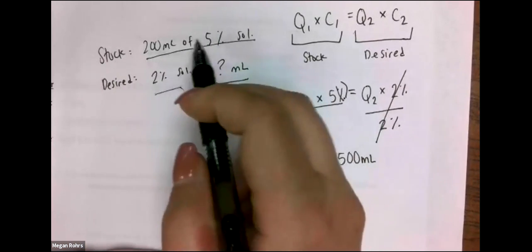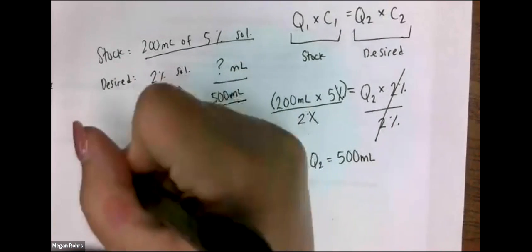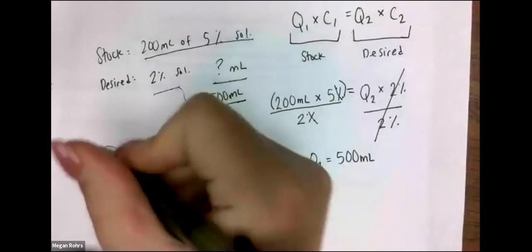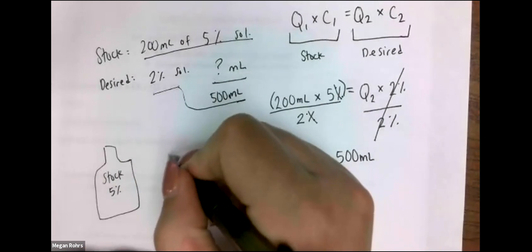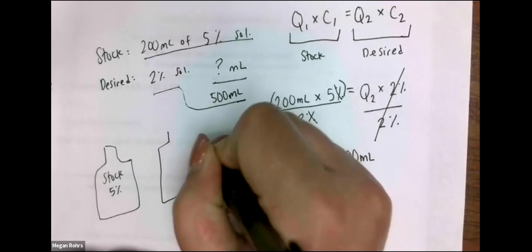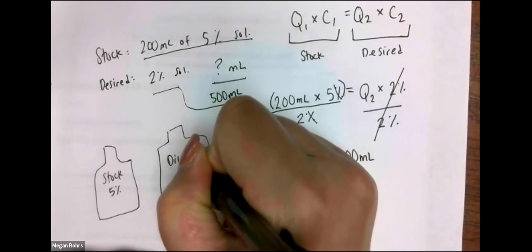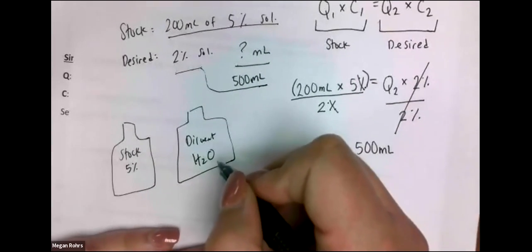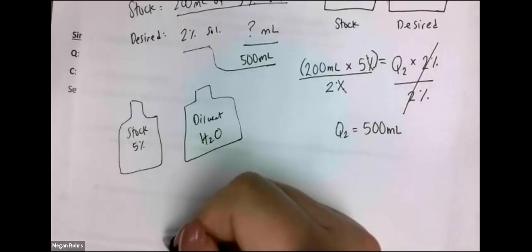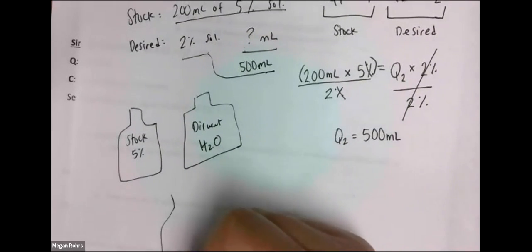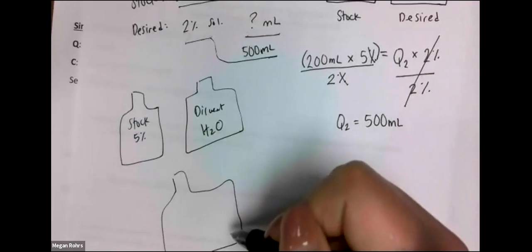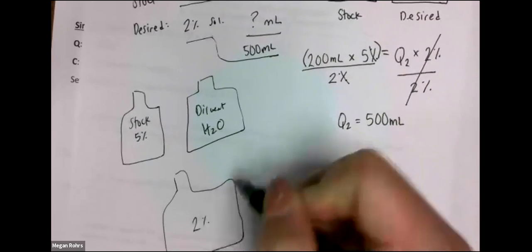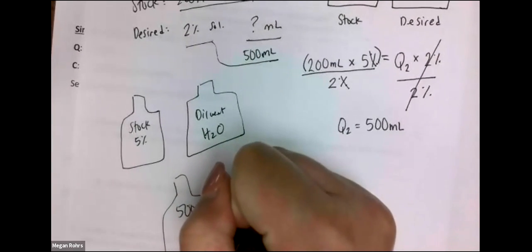I want you to imagine this. I'm going to have my stock solution that is 5%, and I'm also going to have a diluent, which we'll just say is water. Your diluent doesn't have any active ingredient. I'm going to combine these together to make, in a very poorly drawn bottle, a 2% solution, and we just said we're going to make 500 mils of that.